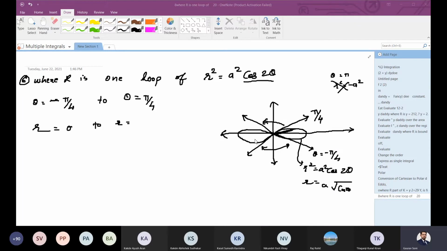Just now in the previous example I explained how to give the limits for r. So r is equal to 0 to r equal to a under root cos 2 theta.